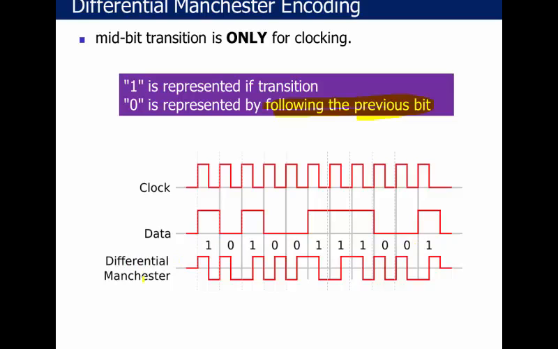And then differential Manchester here is that if there is a 1, it represents a transition, right? So there's a transition. If there is a transition, it means 1. Okay, so whatever that is, it is 1 because there is a transition.